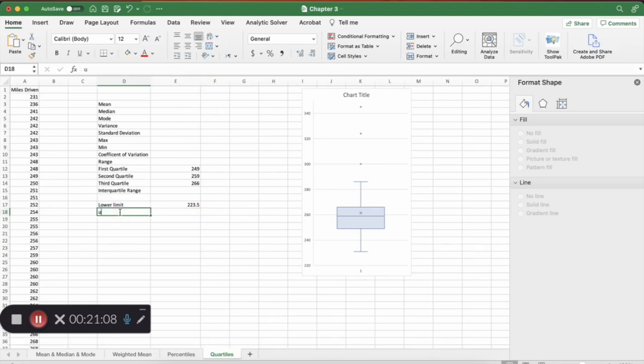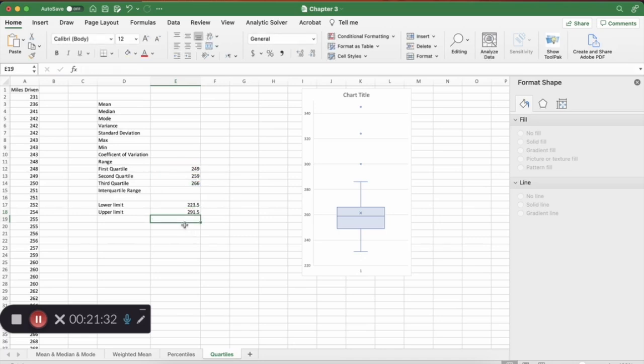This is the lower limit. The upper limit is basically equals Q3, which is this one, plus 1.5 times, open parentheses, Q3 minus Q1.